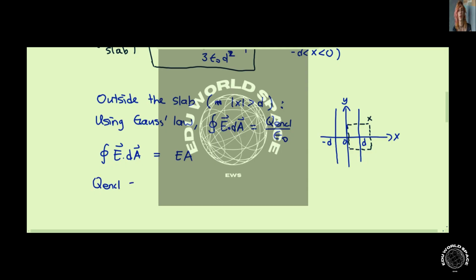The charge enclosed is the integral of rho dV, and only the slab part needs to be integrated: rho naught x squared over d squared A dx from 0 to d. Doing the integration, you get rho naught A d over 3.